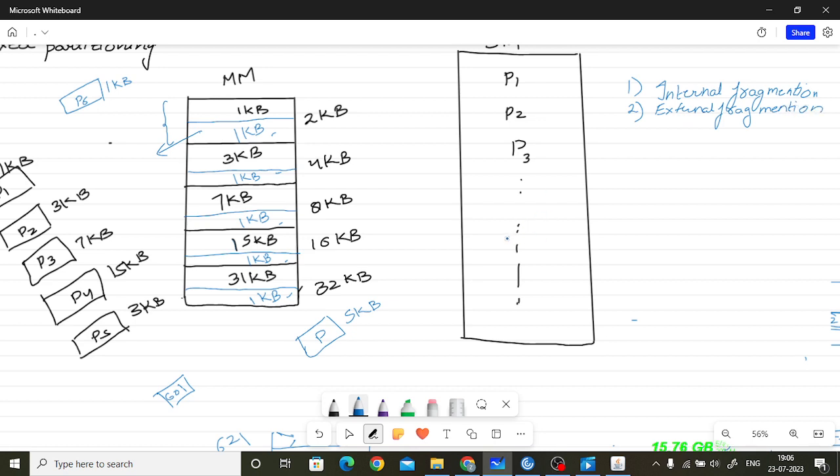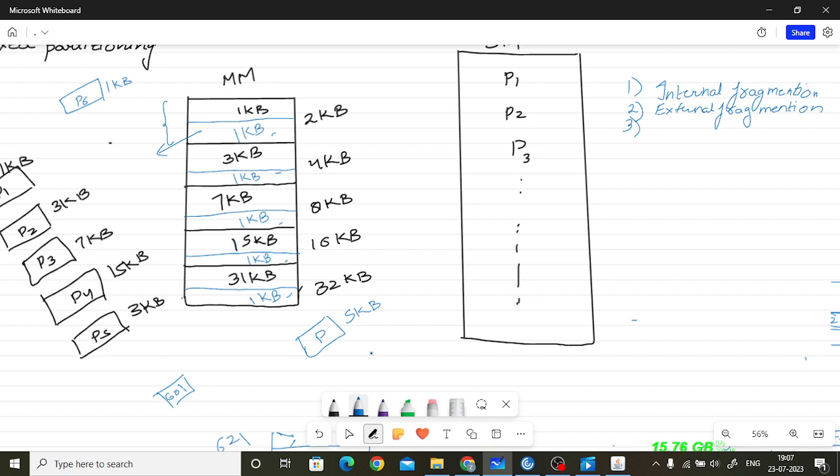And what are the other limitations? The third disadvantage is that it can accommodate only up to a fixed process size. Let me explain this.